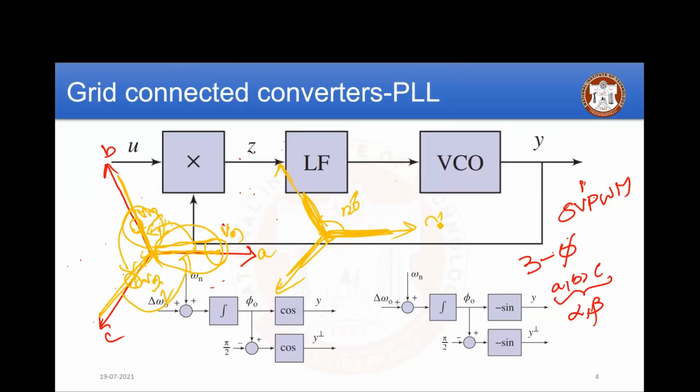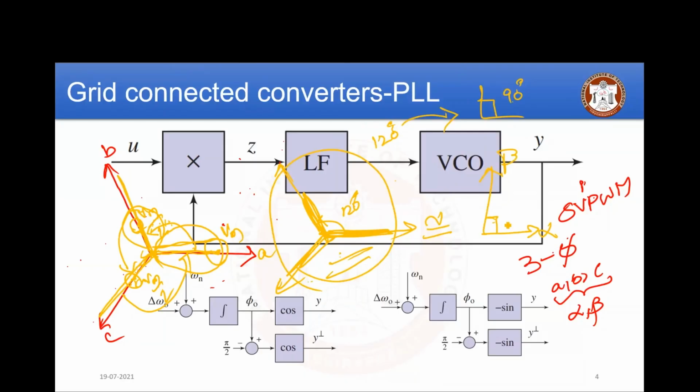So with some manipulations, a three-phase system, which is displaced by 120 degrees from each other, I'm going to transform to a two-phase system, which is displaced by 90 degrees. So what happens now? If I do some matrix manipulation of this three-phase system, I'll get two phases, alpha and beta.